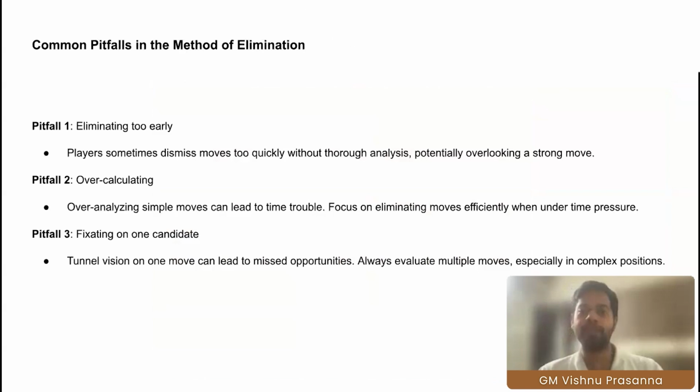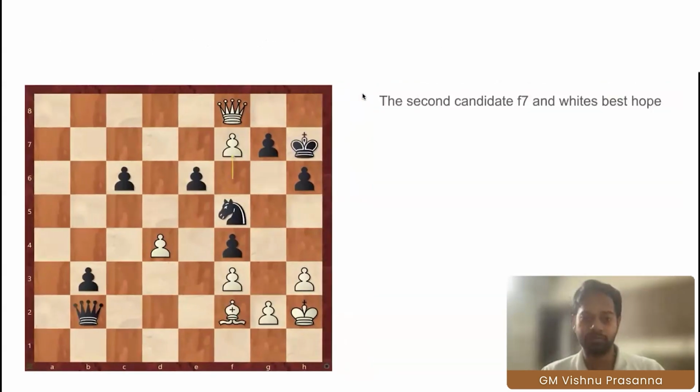So what are the problems with this approach, right? Obviously every approach has some issues, so you'll have to be aware of them. For example, you dismiss moves too quickly without analysis. For example, that portion where we have to play queen d7 instead of f7. I don't know if you guys remember, but let's go there.